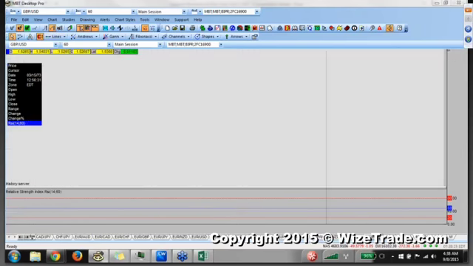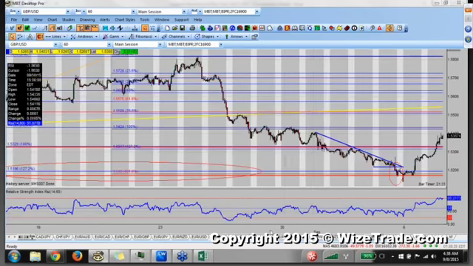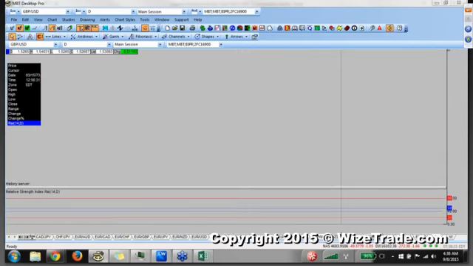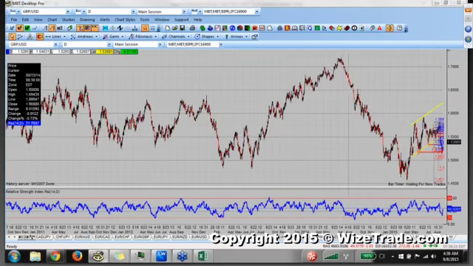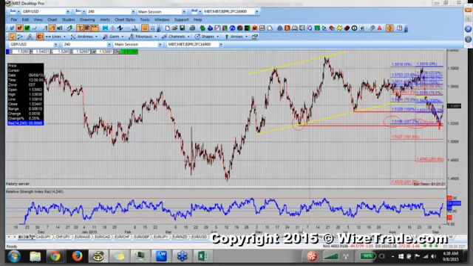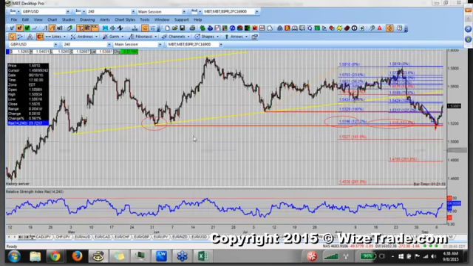So yeah, the cable. Here's the thing that was really important about the cable from last week, okay? And I'll just go back to this 4-hour chart. We hit horizontal resistance, 127% extension, 161% extension.